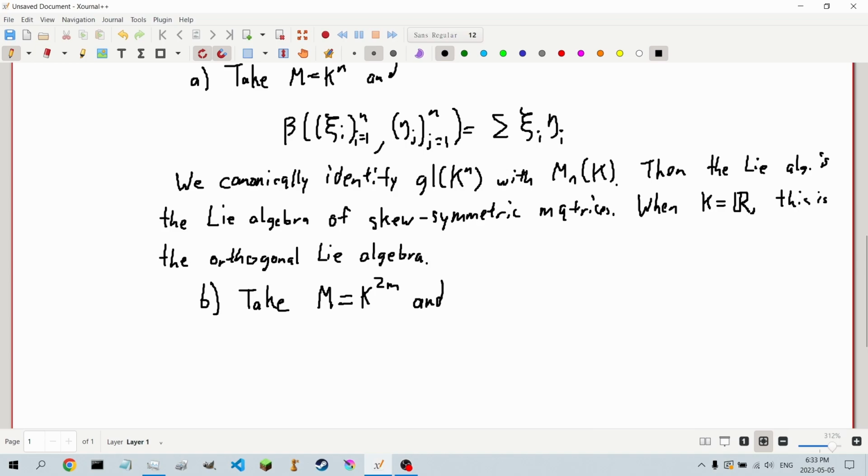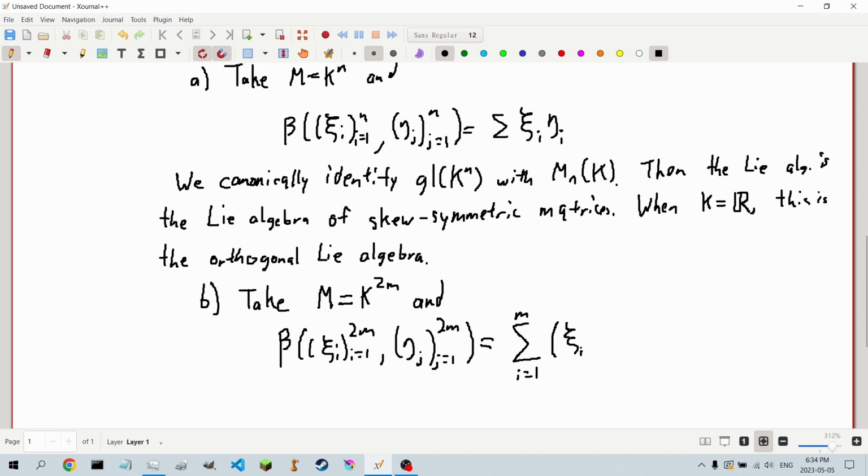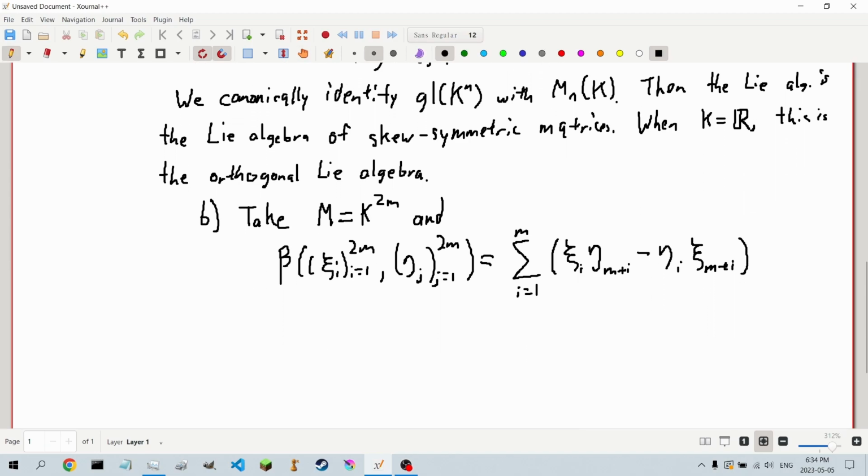So it's 2 times m, and our bilinear form is this: xi and eta, I guess we'll index it with j just to be clear, is equal to the sum of i from 1 to m of xi_i times eta_{m+i} minus eta_i xi_{m+i}. Kind of a confusing bilinear form, but I will trust it.